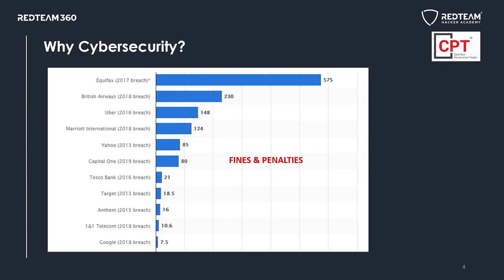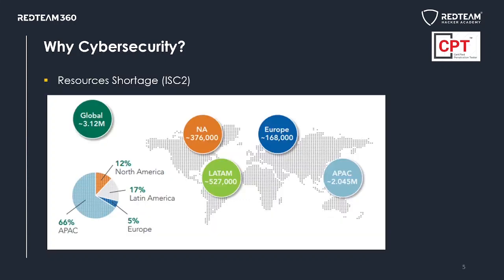You can see Equifax, a credit reporting company based in the US, paid $575 million as fines and penalties for their data breach. $230 million, $148 million, $125 million, $85 million. These are huge amounts. So there is really a need for organizations to protect against hacking attacks.